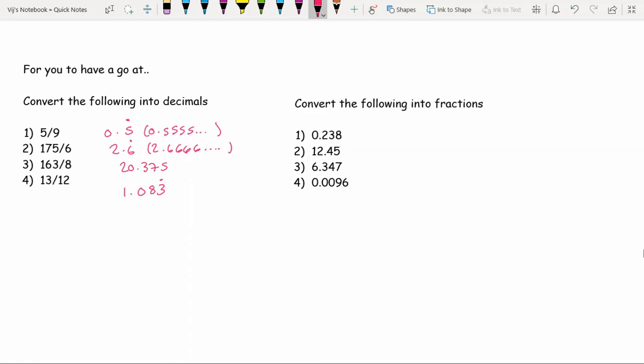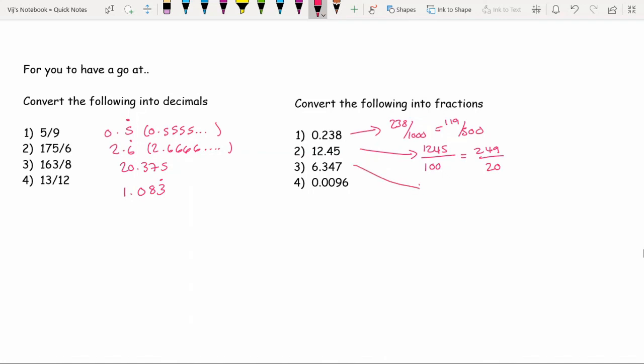For question 1 on the next set, you should have 238 over 1000, which does simplify to give you 119 over 500. For question 2, you should have 1245 over 100, which does simplify to give you 249 over 20.